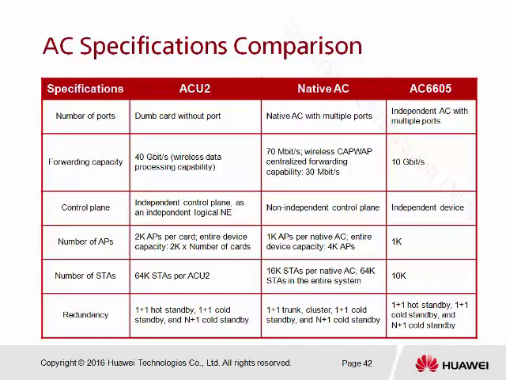The ACU can support up to 64,000, and this is the same for the native AC. But for the box AC, the maximum can only support up to 10,000. So you can see from here, most of them can support redundancy. This is all about the specification comparison between the ACU, native AC, and the AC6605.